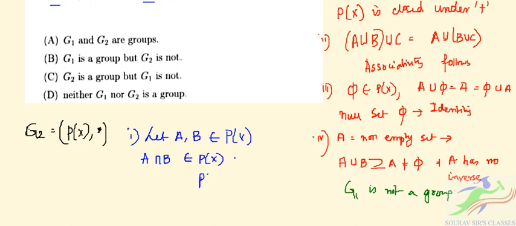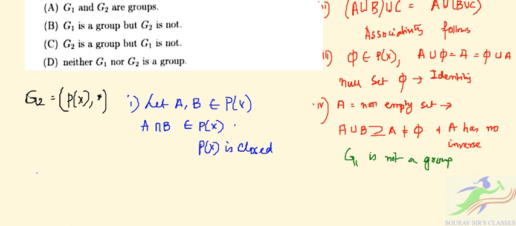So from here we can infer that P(X) is closed. This is the first inference we can get. Now A intersection B, intersection C, can be written as A intersection B intersection C, so the associative law also follows.